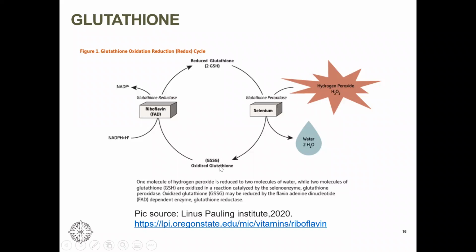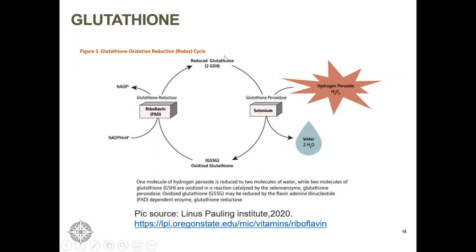So this glutathione can be reduced again in the presence of the enzyme called glutathione reductase. Now this enzyme needs riboflavin as a cofactor. You would recall when we were doing riboflavin, I did mention that it supports glutathione. So it's a cofactor here.